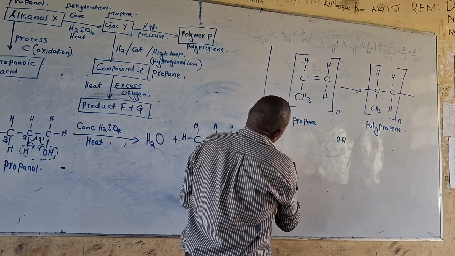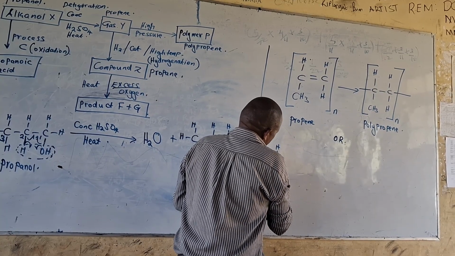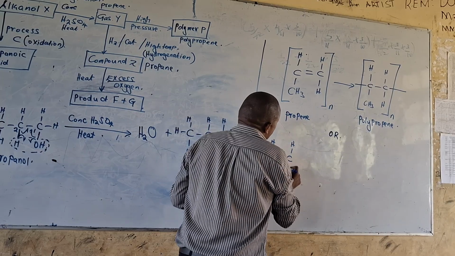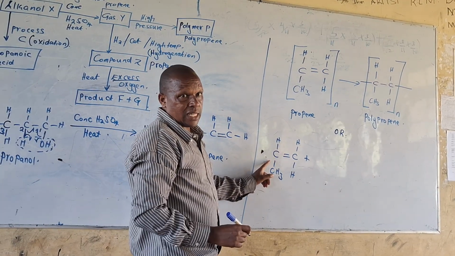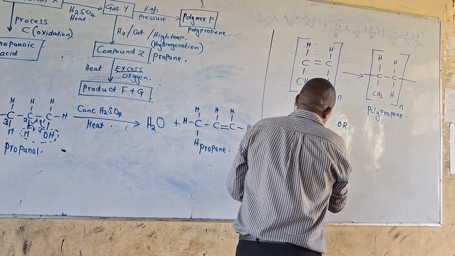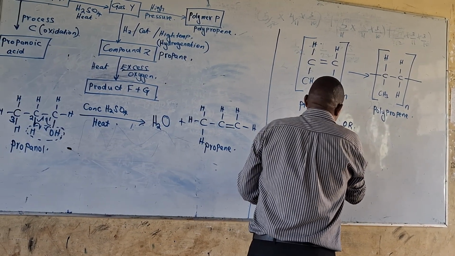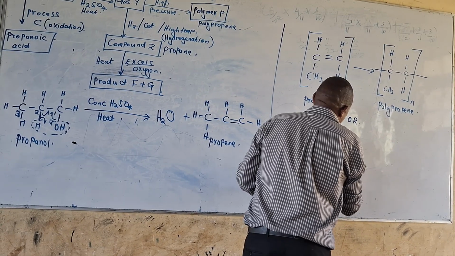You can see you have a C, this is H, CH3, double bond C, H, H. Plus another one like this. Are we together? So you have what? Plus C, H, double bond H, and then CH3, and then H, like that.